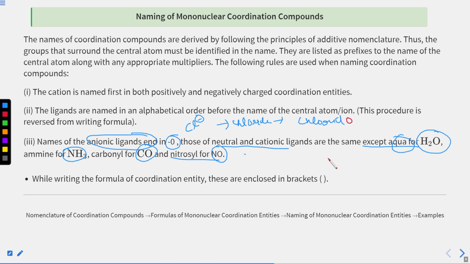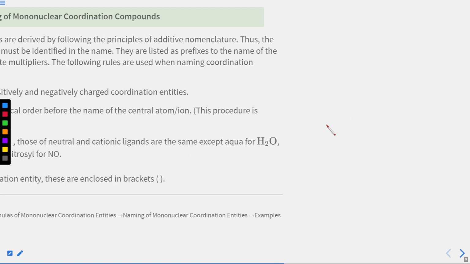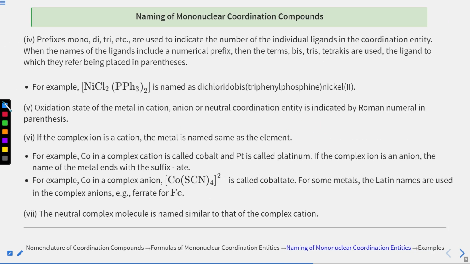Similarly, nitrito, or we can have, say, cyano. Now prefixes mono, di, tri, etc. are used to indicate the number of individual ligands. So we can have 3 ammonia, so there will be triammine. We can have 6 aqua, so hexaaqua.